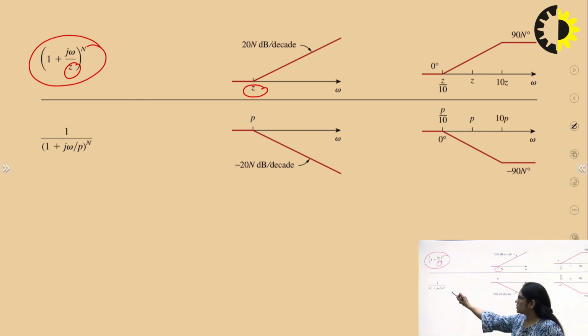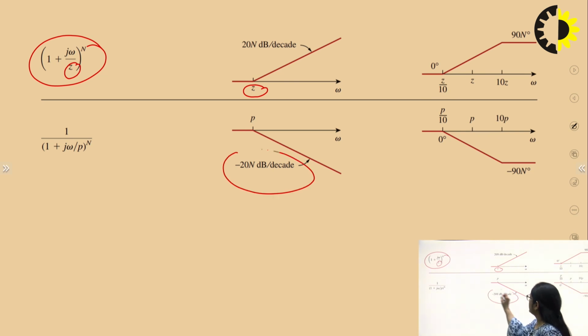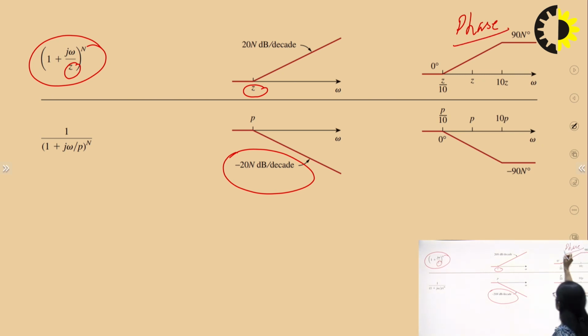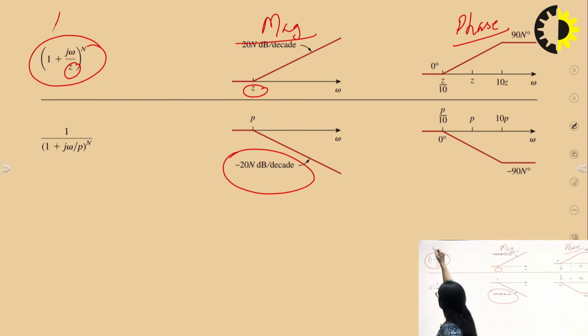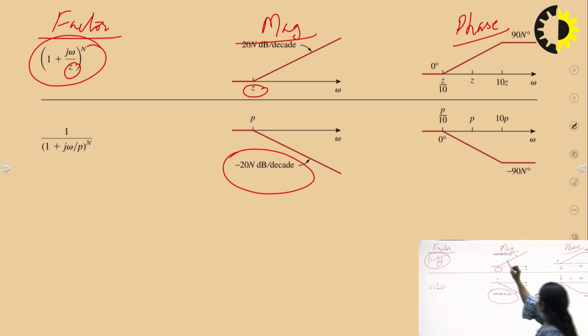And in case of 0, the slope is minus 20 n dB per decade. So these slopes, when we talk about the phase plot, this is for the phase, this is for the magnitude, and this is the factor we are considering. So this z, in terms of phase plot, we will mark this point z by 10.